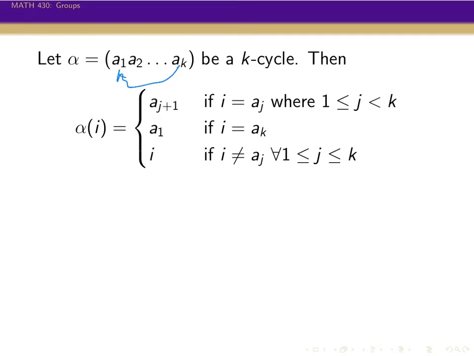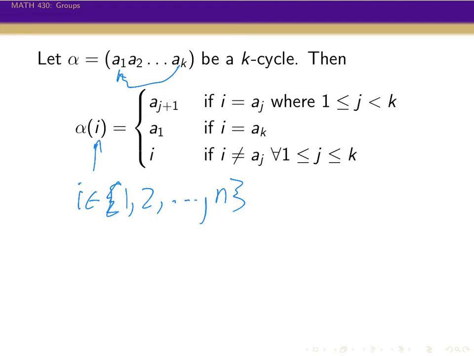Just to be clear about what this notation means, if I apply alpha to some i, and here we're thinking about i as being inside of 1, 2, up to n, where this is the permutation inside Sn, what does alpha do?